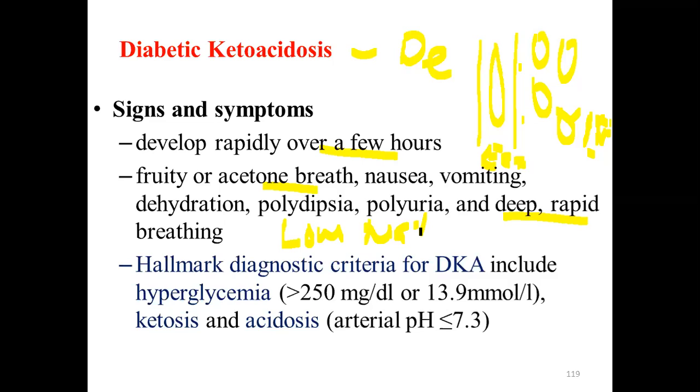Apart from that, because of its osmotic effect, it can also promote the removal of sodium from the kidney, which means it can prevent the reabsorption of sodium. So hyponatremia is another common finding in DKA.